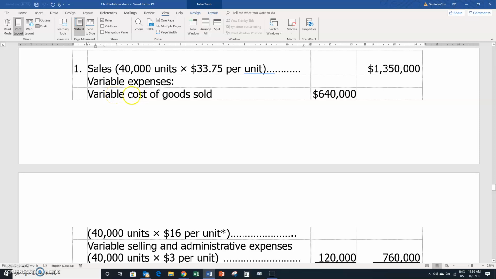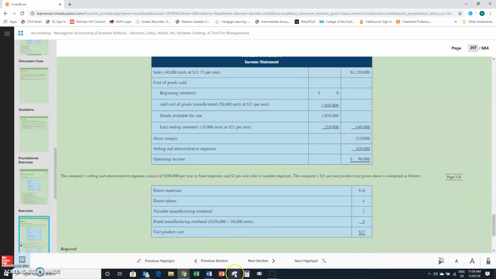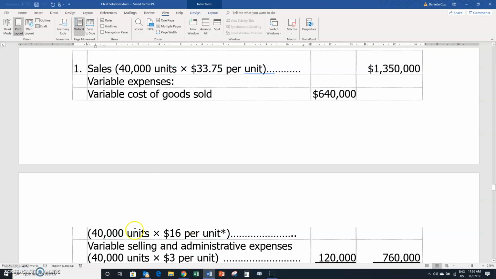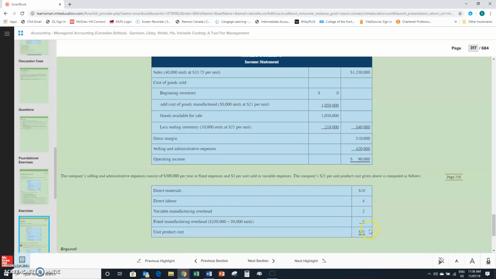So the first one is our variable cost of goods sold. Now, we know that there were 40,000 units sold. But our cost per unit here is $16. And that is, under absorption costing, we include our fixed manufacturing overhead.